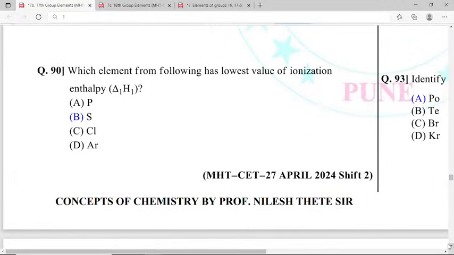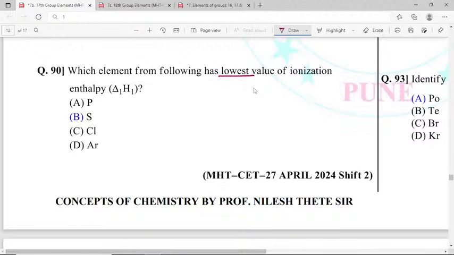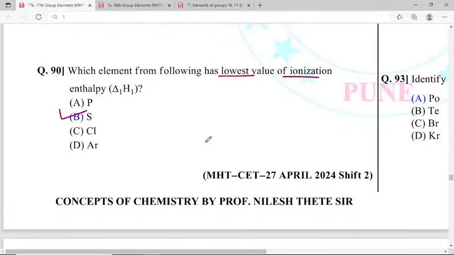Which element from the following has the lowest value of ionization enthalpy? Sulfur has the lowest value of ionization enthalpy. Argon is the highest, highest positive value.